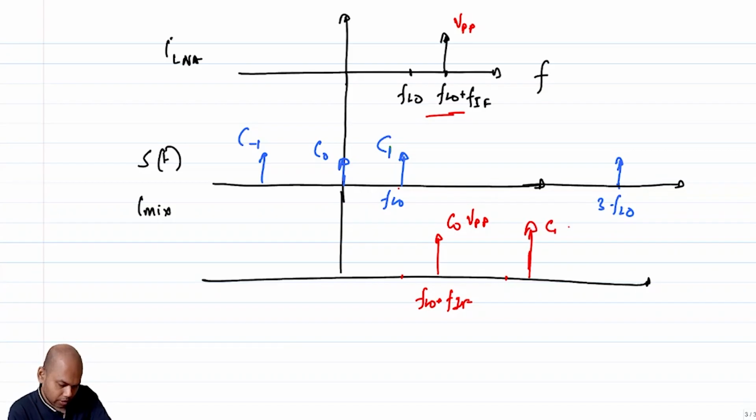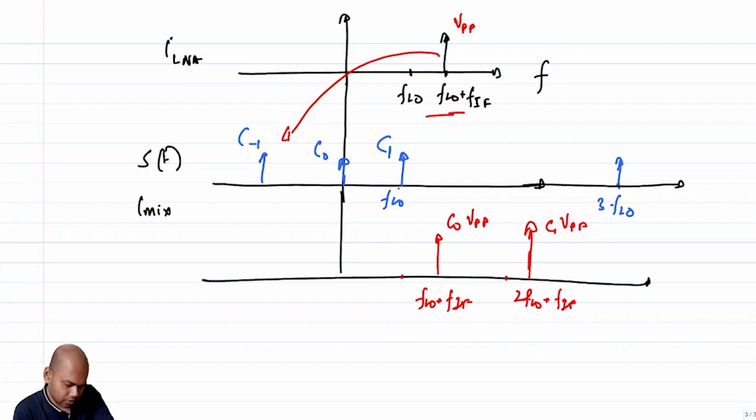This will be C1 times V_PP. Then this will convolve with C negative 1 and create a tone at F_IF. That is the one that we are most interested in. So this is C negative 1 times V_PP at F_IF.